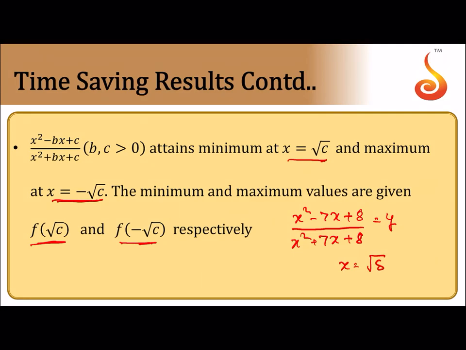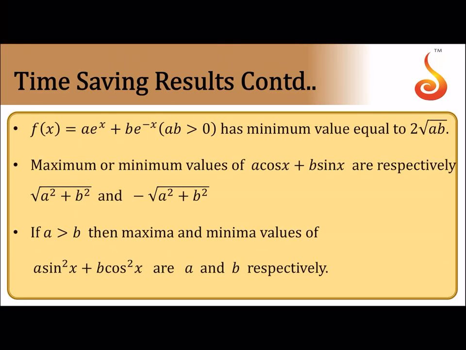Suppose I give a question, x square minus 7x plus 8 divided by x square plus 7x plus 8 is equal to y. You get minima at x equal to root 8 and maxima at x equal to minus root 8. We can derive it, but it's very handy if you remember the result.